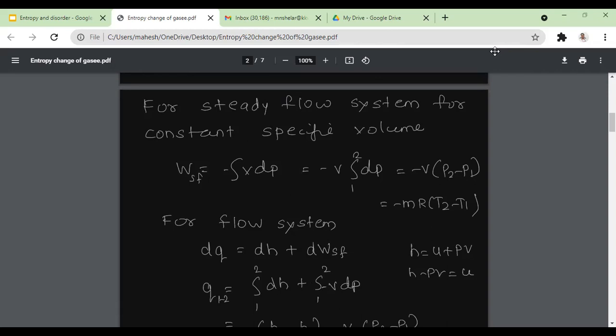But we are interested not only in the work transfer, but also in the entropy change during the steady flow system, constant specific volume process.